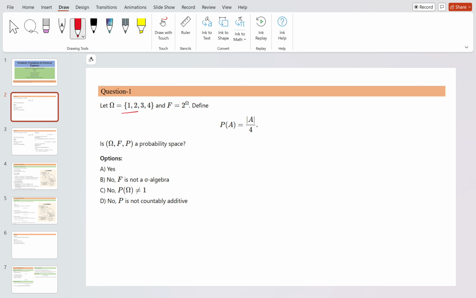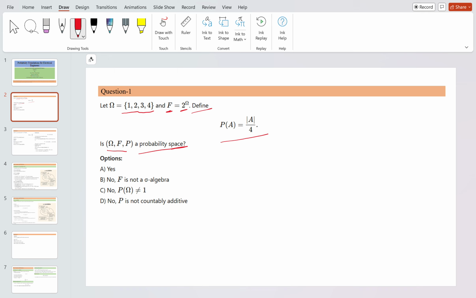The first problem is such that there is a set, suppose this is the set omega, which has the elements 1, 2, 3, 4, and there is a function which denotes how many subsets are possible for this set. It has a probability defined as P(A) equal to mod A by 4, and it asks whether omega, F and P form a probability space or not.